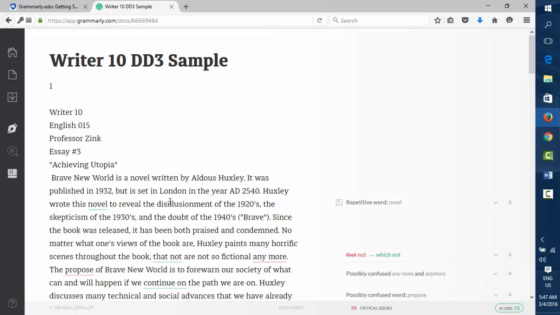Okay, and so that's the difference between this and something that says these are all problems. You don't want to go in and say everything in here needs change, because as you saw, we didn't even change anything yet.